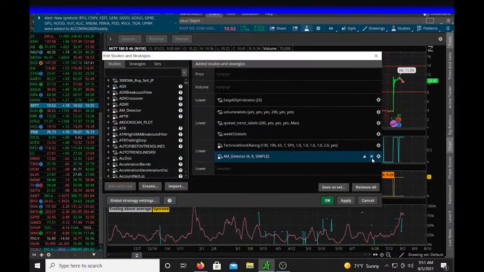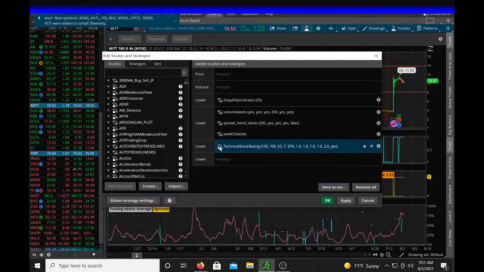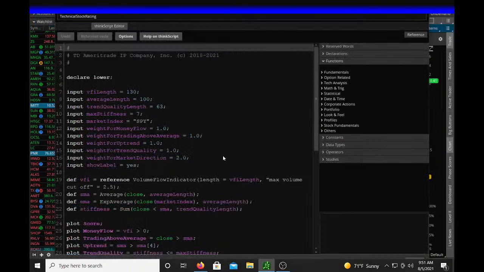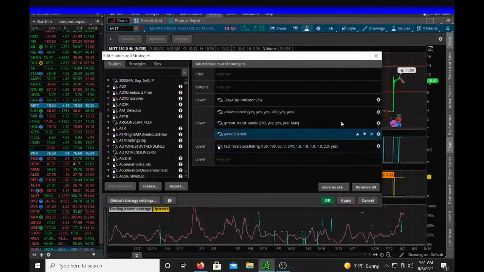Now let's get rid of our AM detector and our technical stock ratings, even though I do kind of like it. And we have this volume flow indicator, VFI. Okay, so if we have a volume flow indicator, let's find that.